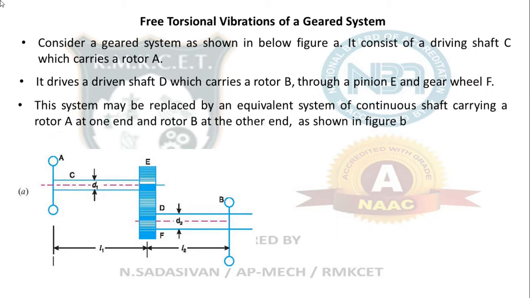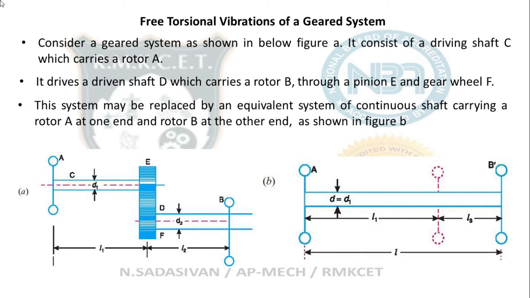The system may be replaced by an equivalent system of a continuous shaft carrying a rotor A at one end and rotor B at the other end, as shown in figure B. Now this is not actually B, it is B dash. B dash is an equivalent rotor to rotor B. When I replace rotor B with B dash, it accounts for the extra disturbance that the gear creates.